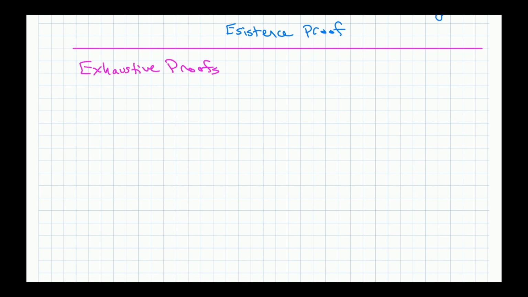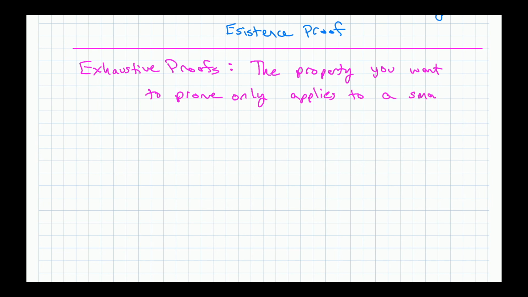An exhaustive proof is a proof where the property you want to prove only applies to a small number of cases.